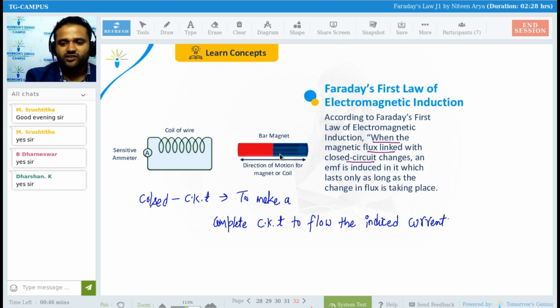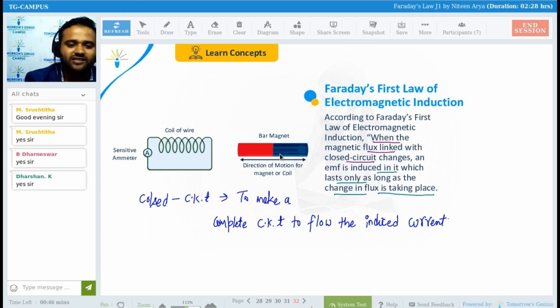Circuit changes and EMF is induced in it, which lasts only as long as the change in flux takes place. Focus on this: it lasts only as long as the change in flux takes place. What is the meaning of change in flux? Until there is a relative motion, the flux is going to change. The moment the relative motion stops, the flux change stops.